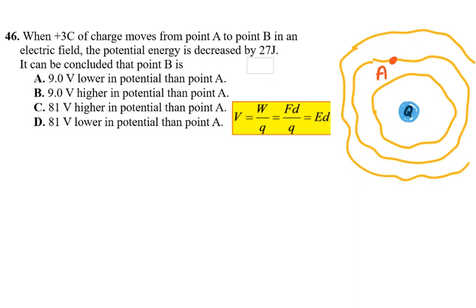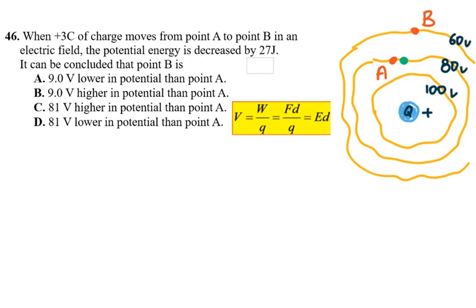So when it moves from point A to point B in the electric field, the potential energy is decreased. So if the charge is positive and you take another positive charge next to A, and it's going to move to point B, because for the positive charge, the potential of the equal potential lines decreases farther away from the charge. Maybe this is 100, maybe this is 80, and maybe this one is 60 volts.